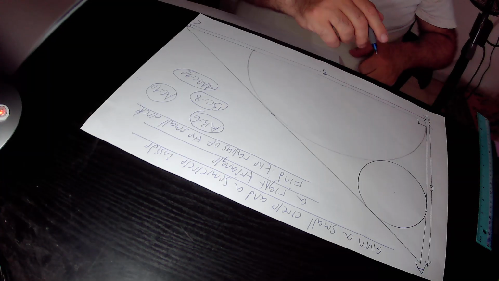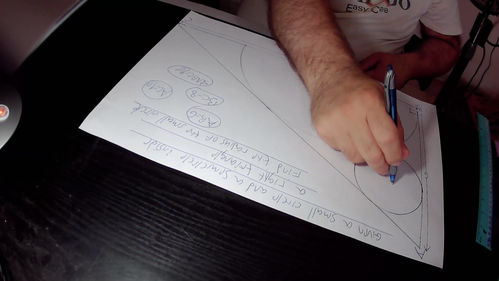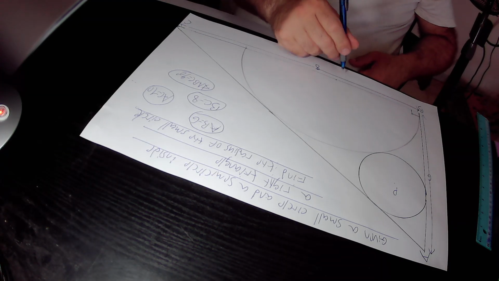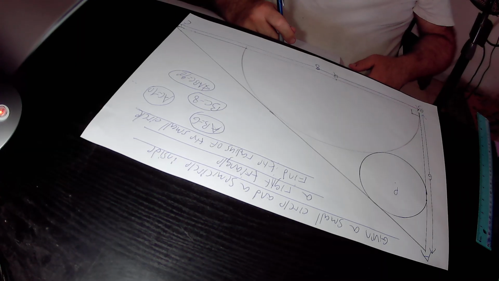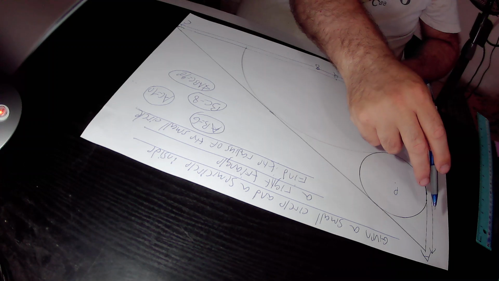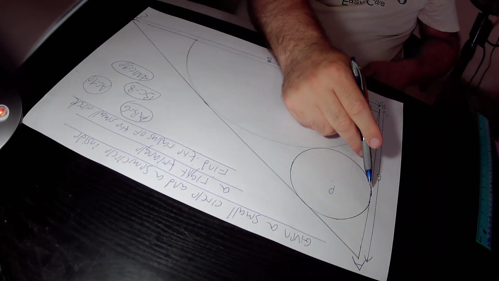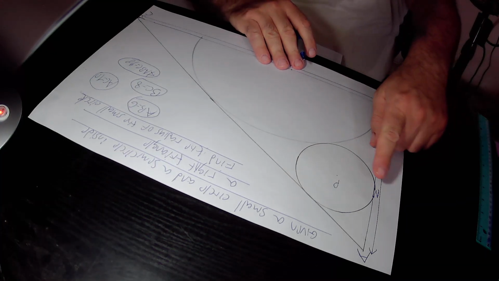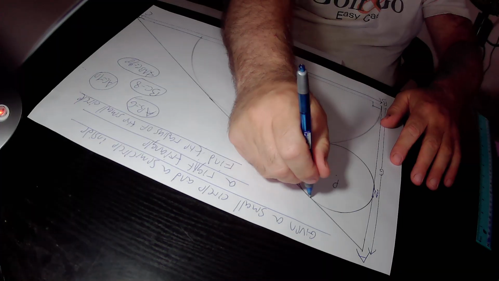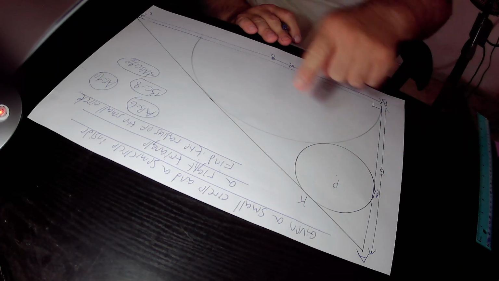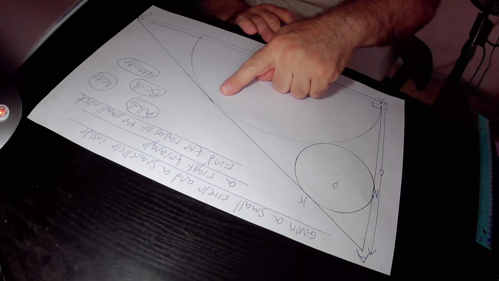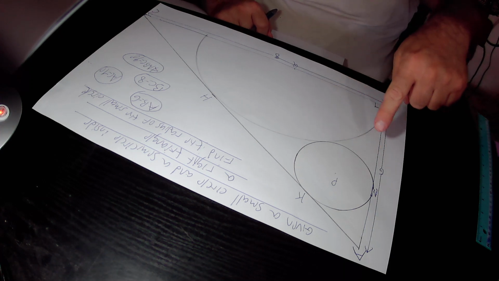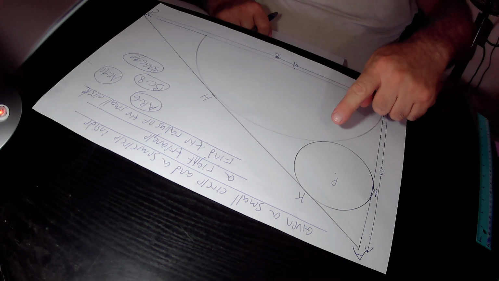We define the center of this small circle as point P. We define the center of this big semicircle, this point, as point Q. We define the point of tangency of tangent AB with this small circle, this point, as point N. We define the point of tangency of tangent AC with this small circle, this point, as point K. Likewise, we define the point of tangency of tangent AC with this big semicircle, this point, as point H. And finally, we define the touching point of this small circle with this big semicircle. This point is point L.